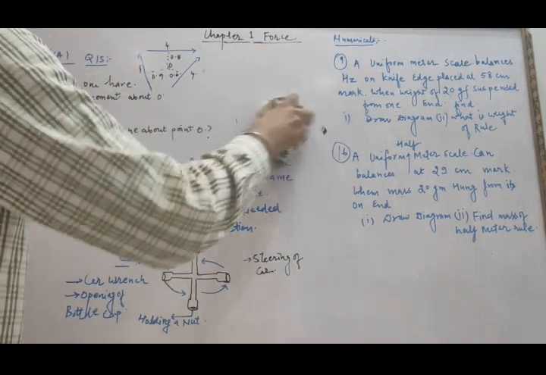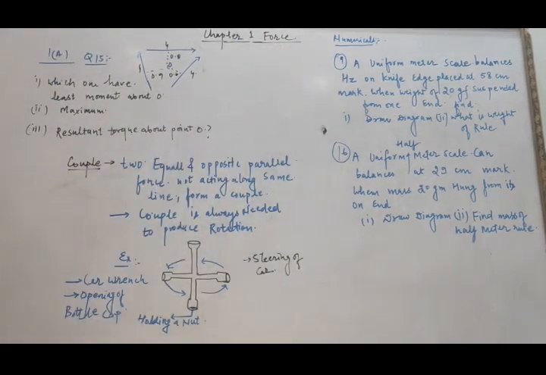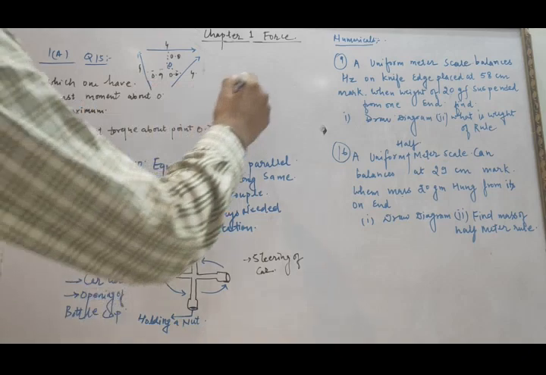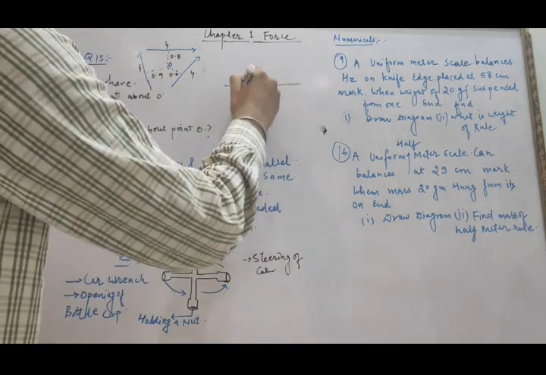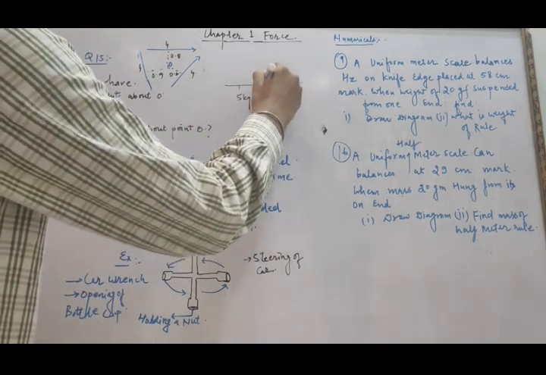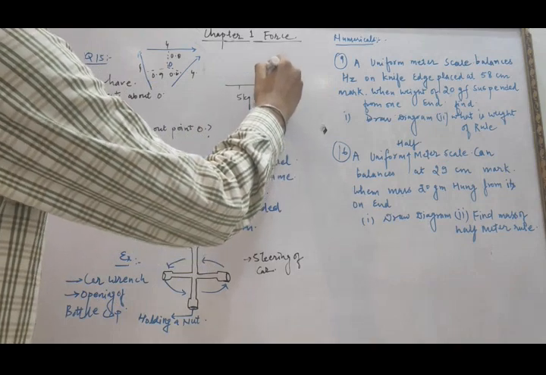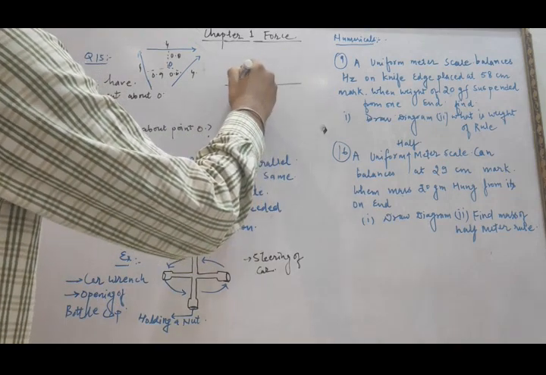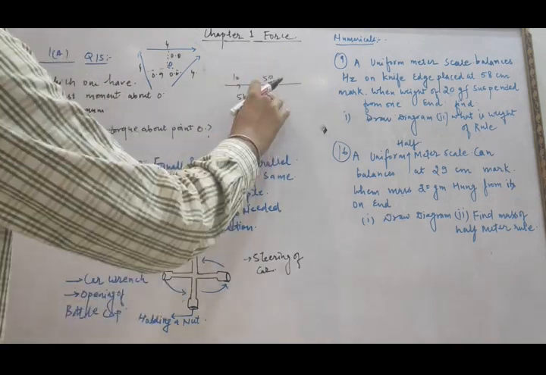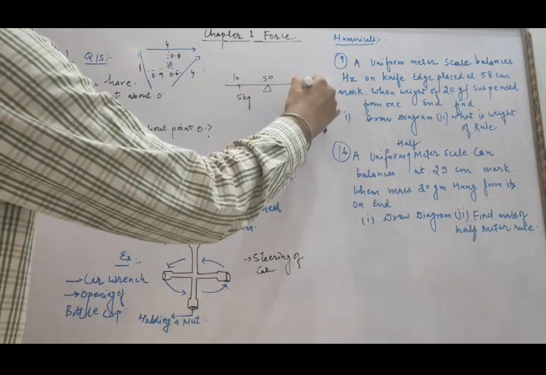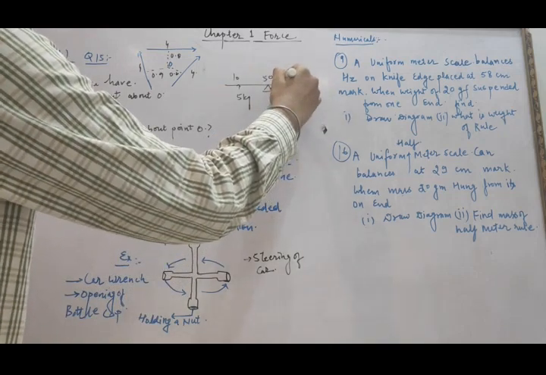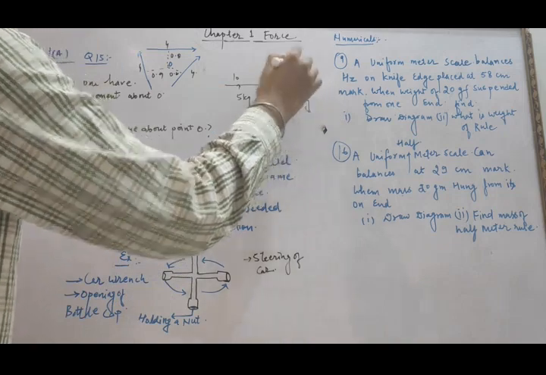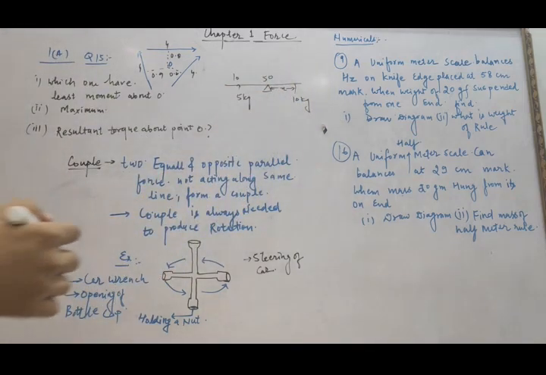Now we will discuss some concepts related to this topic. The last numerical which we left in the last video: 5 kg, and suppose the fulcrum is placed at 50 centimeter, this 5 kg is placed at 10 centimeter, and where should this 10 kg weight be placed away from the fulcrum so that the system will be in equilibrium?